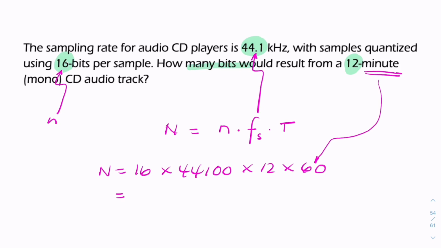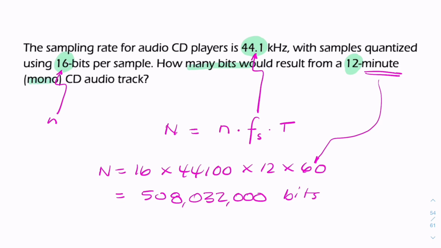So if you multiply that in a calculator, you get the number of bits that you need to record, and that's 508,032,000. So that's your total number of bits. That's how many bits you need to record a 12-minute CD track.